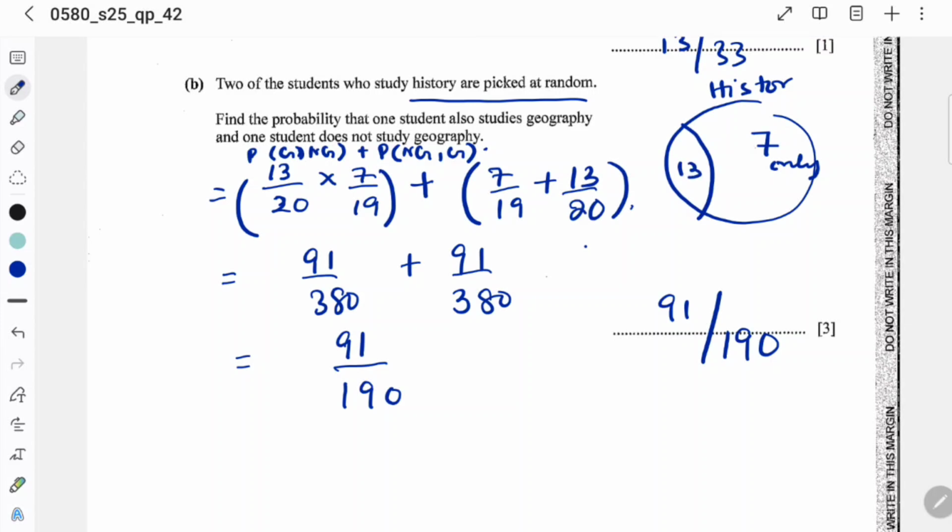First time we pick from history students 13 over 20, and the other child obviously will be 7 over 20. Second time we are not selecting the 13 one first, we are selecting the 7 students from there first and the 13 one later. So that's why it is 91 over 190 in this question. Alright, I hope you understood.